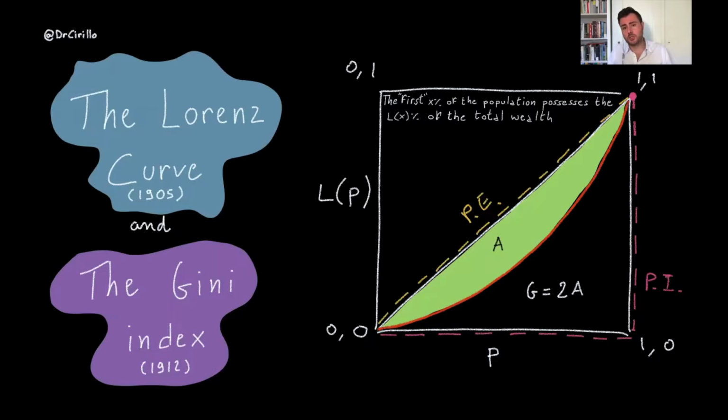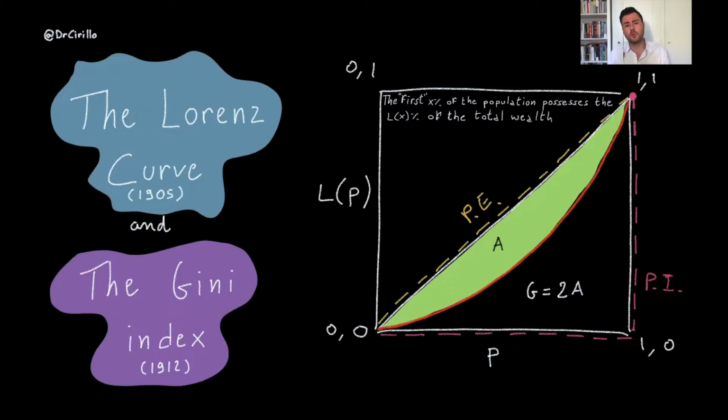Now, this function, the Lorenz curve, also has two interesting limiting situations. So if you want, let's consider two opposite types of economy. Let's consider the so-called communist economy and the so-called tyranny.